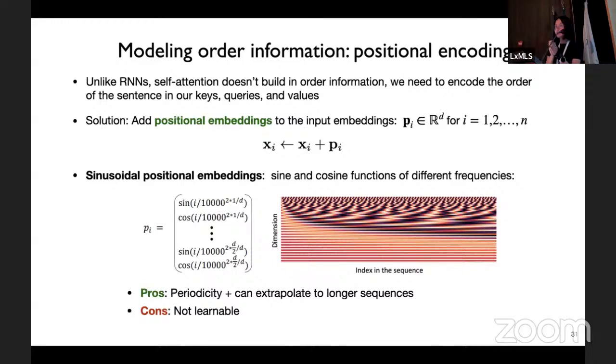The good thing is that this is hard-coded, baked in as fixed embeddings, and different positions have different embeddings. But the downside is that these are fixed vectors, not learnable. Another good thing is that they are periodic, so people hoped that because it's periodic, it could extrapolate to longer sequences.